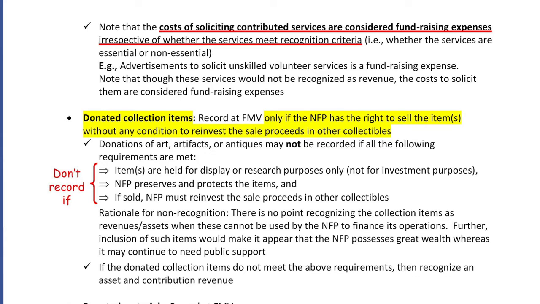Number 2, not-for-profit preserves and protects the items. And number 3, if sold, the not-for-profit must reinvest the sale proceeds in other collectibles. So if all these 3 criteria are met, do not record these donated collection items.